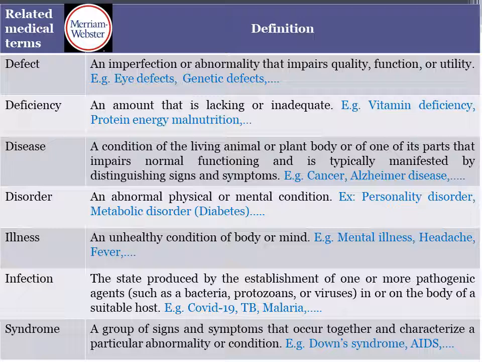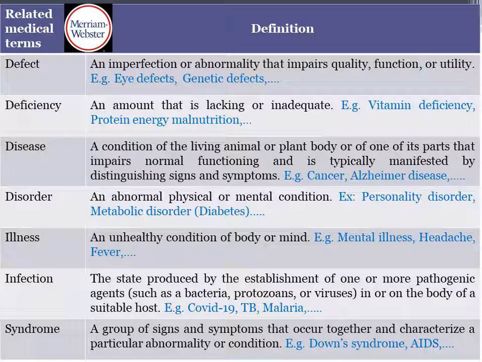So first, coming to defect. Defect means an imperfection or abnormality that impairs quality, function or utility. For example, eye defects, genetic defects and so on.